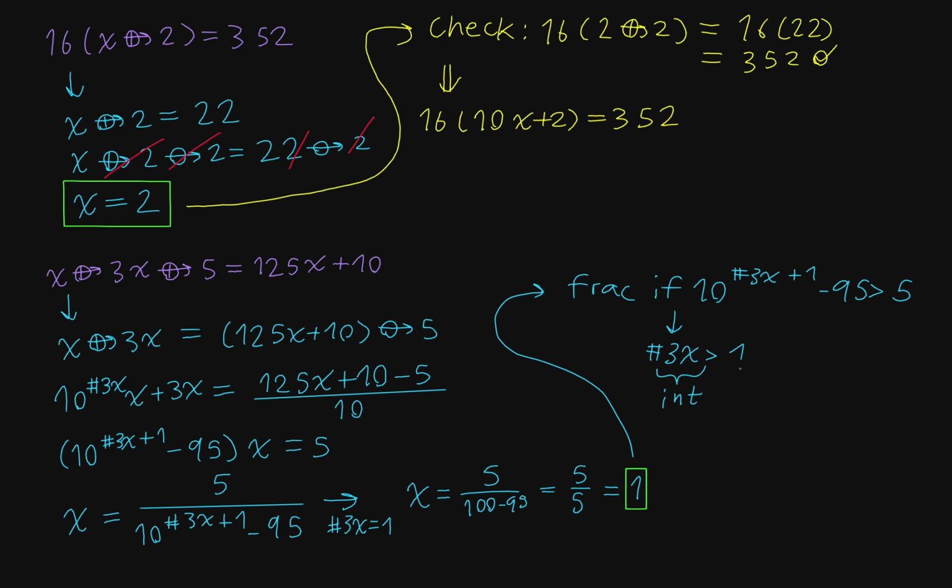So basically we already know that any digit count past this point is going to give you fractional results. So that means that 1 is the only solution, though we would also want to check this. So we'll do that real quickly right here.